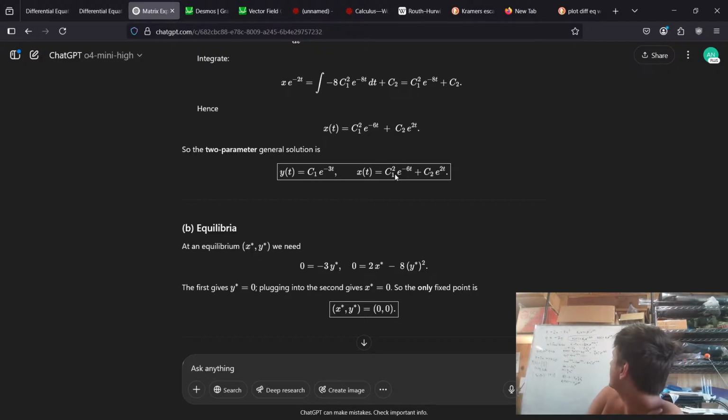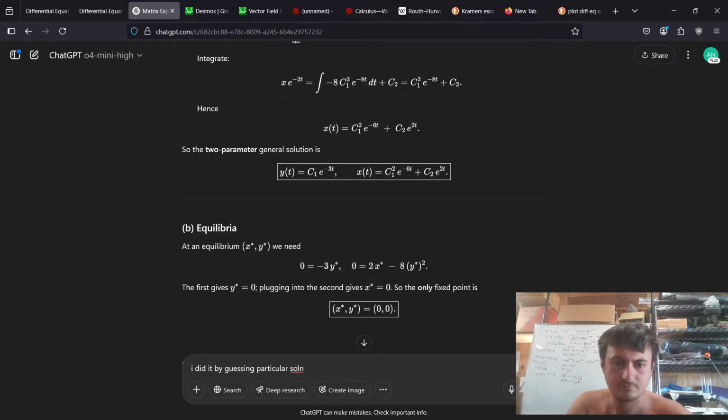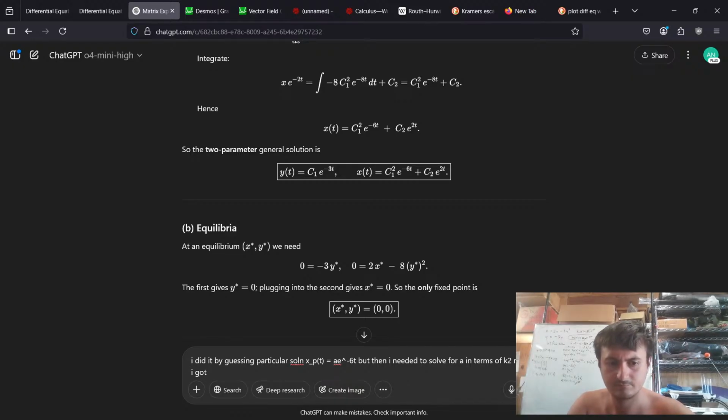Okay, that's fine, but the xp was 4/3 k squared e to the minus 6t, but the book doesn't.